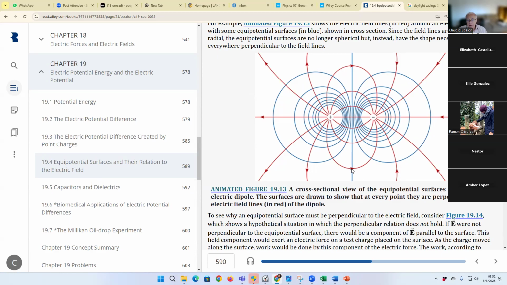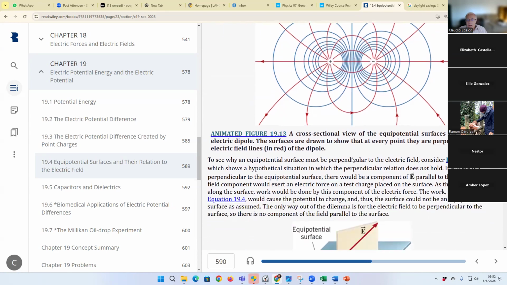And at this point, the electric field is going to be horizontal. That's the only place in this distribution where the electric potential is 0 and the electric field is horizontal.